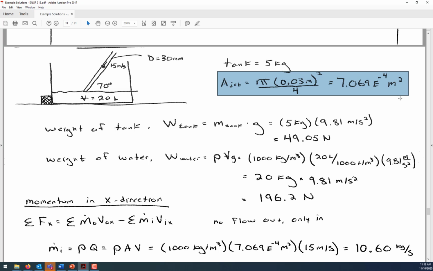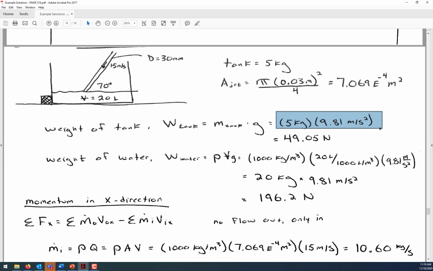Similarly, if you're given the mass of the tank, and this is a problem all about forces, then converting the given mass of the tank over to its weight is going to be a reasonable thing to do up top. And so the mass of 5 kilograms multiplied by g will tell us the weight of the tank in newtons.